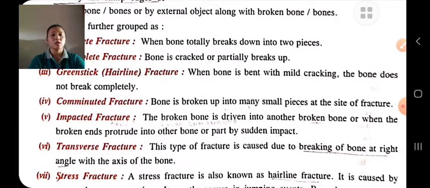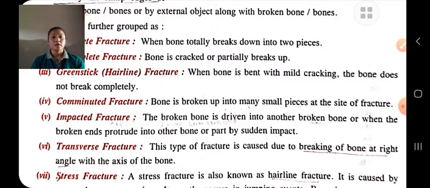Impact fractures: the broken bones are driven into another's broken bones, or protrude into another bone, meaning the fractured bone enters into another bone.